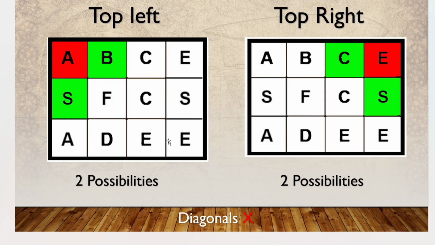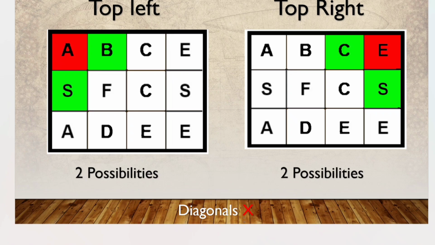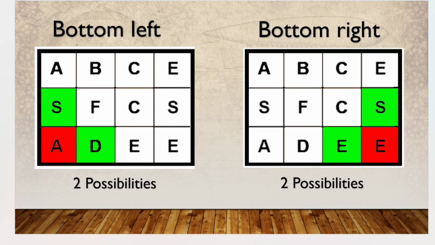These are some possibilities of neighboring cells of a cell. For example, if a letter is in the top left, then there are only 2 possibilities. Like that, if it is in the top right, there are only 2 possible neighbors, and we don't consider diagonals as adjacent cells. If the letter is in the bottom left, then there are also 2 possible neighboring cells.